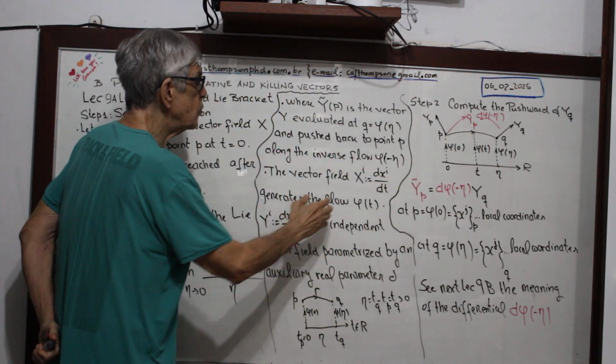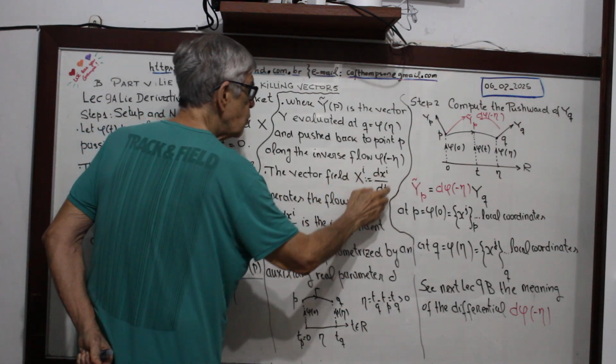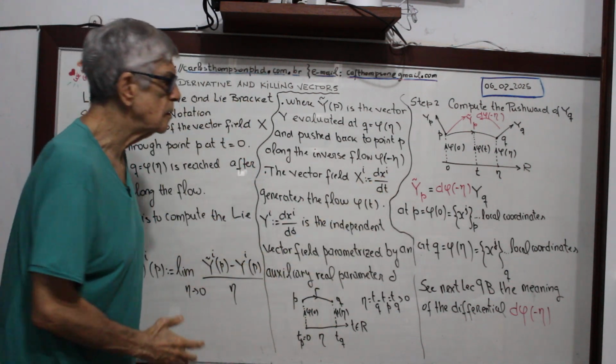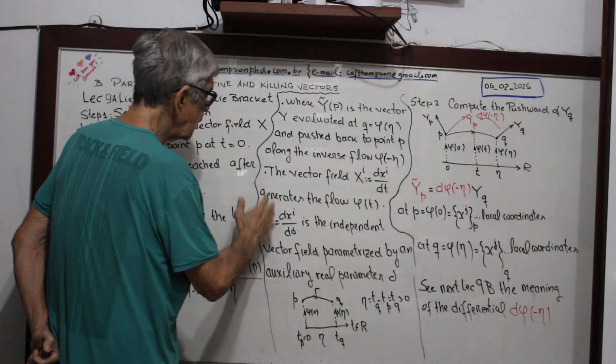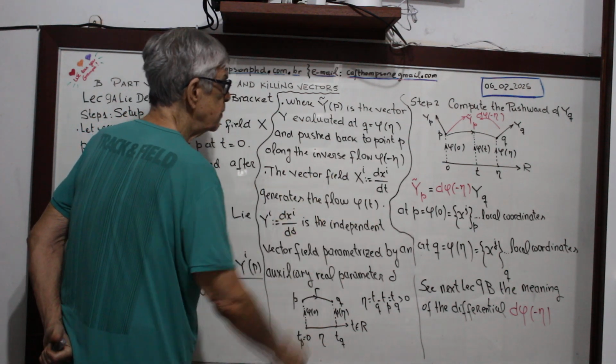So the vector field X^i is defined as dx^i over dt, in local coordinates. This vector field generates the flow phi of t.